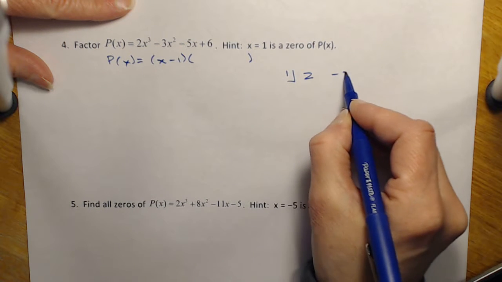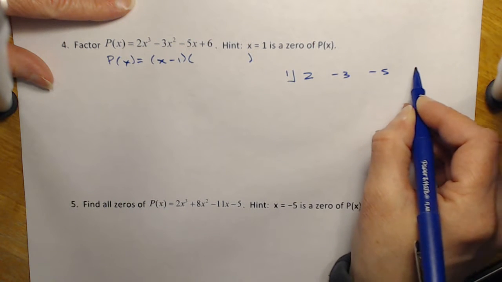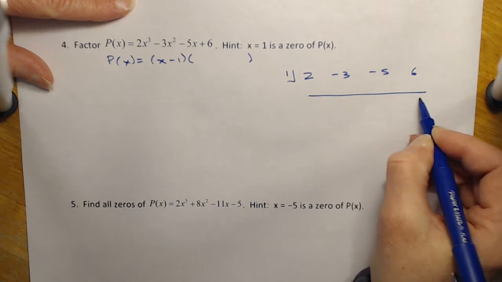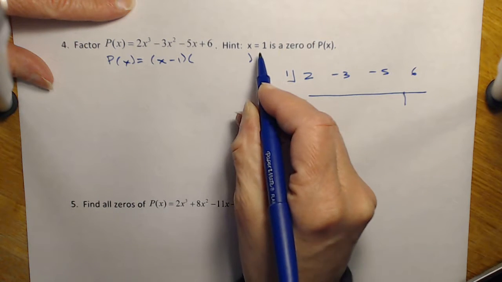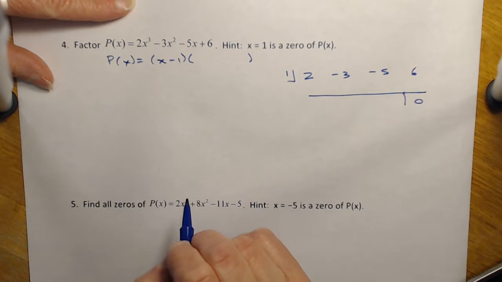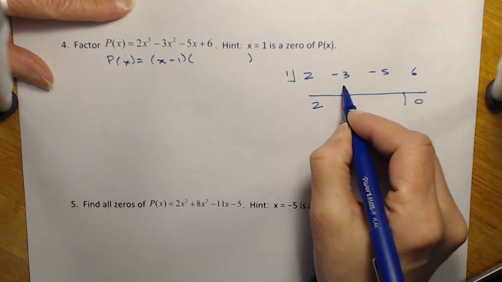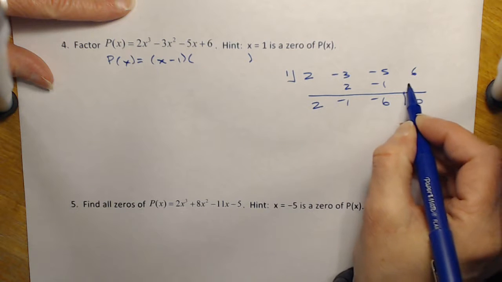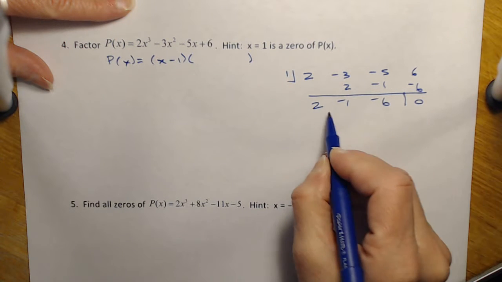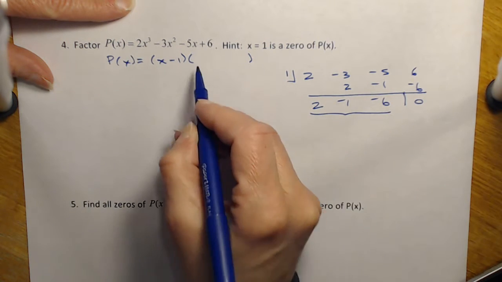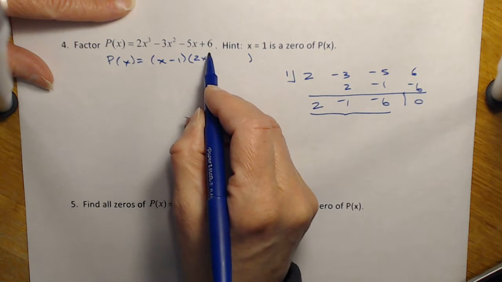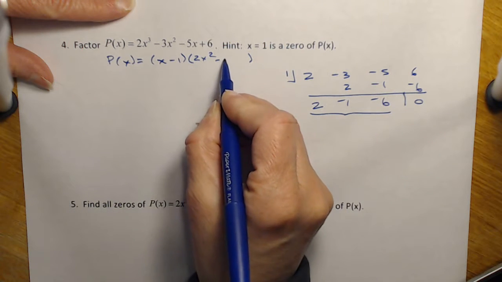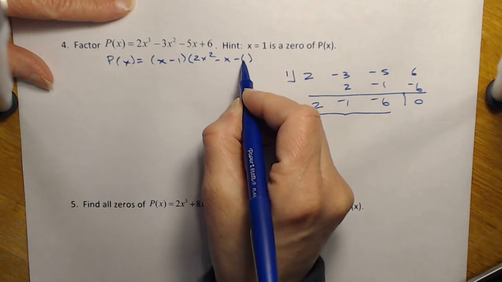So I have 2x cubed, negative 3x squared, negative 5x, positive 6. Now this should be 0 because I tell you x equal to 1 is a 0. Make sure. That worked out. Now I also have the remaining factor. So you decrease the power by 1, so it's 2x squared minus x minus 6.